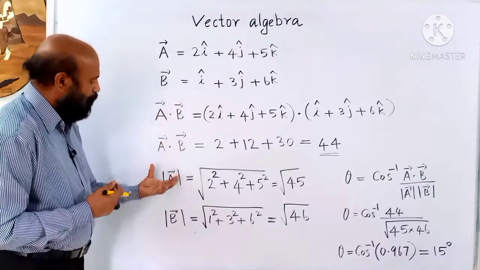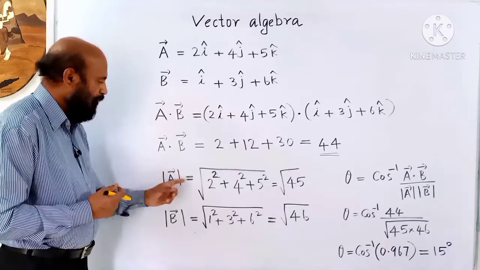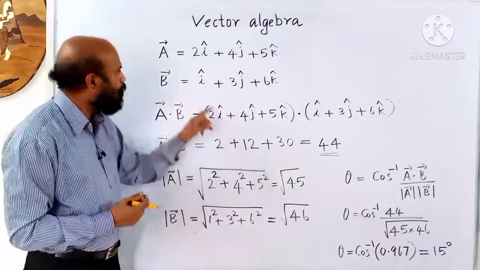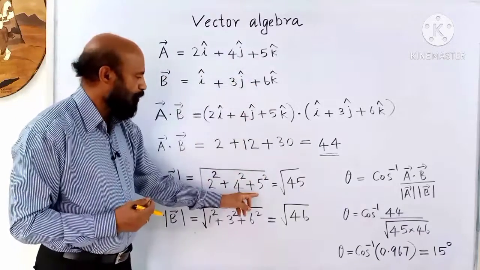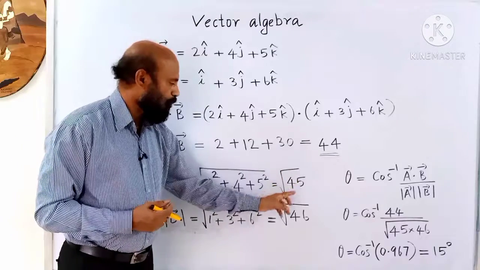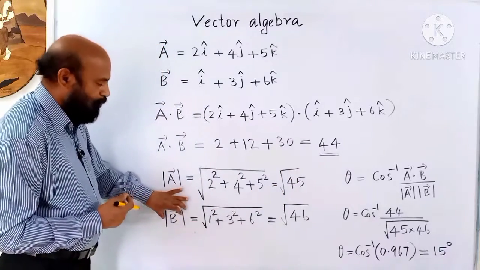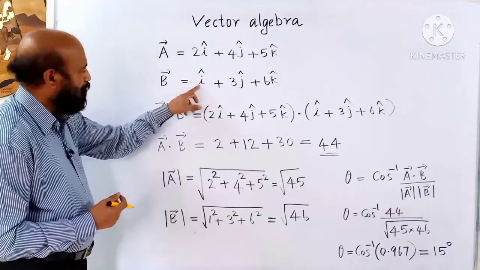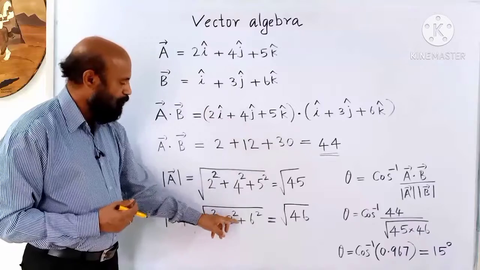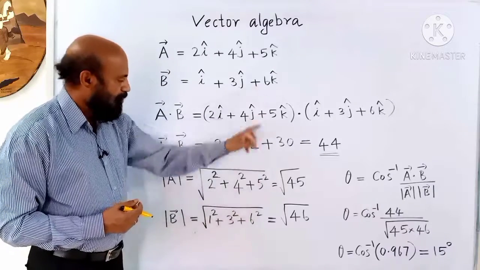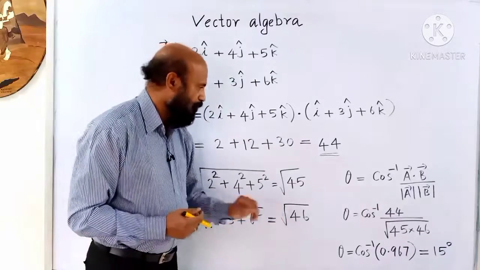Next, modulus or magnitude of A vector is square root of 2 square plus 4 square plus 5 square. That is root 45. Modulus of B vector, that is square root of 1 square plus 3 square plus 6 square. That is 46.